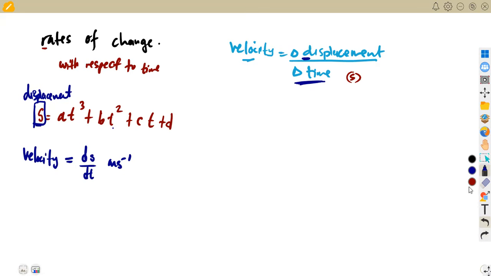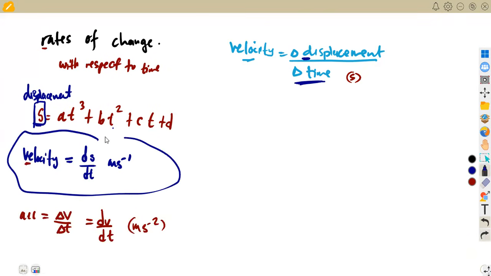The same thing can happen with acceleration. We know that acceleration is the change in velocity over the change in time. So that means it is the derivative of velocity with respect to time, which is measured in meters per second squared. Whatever you got from velocity, you are going to differentiate.